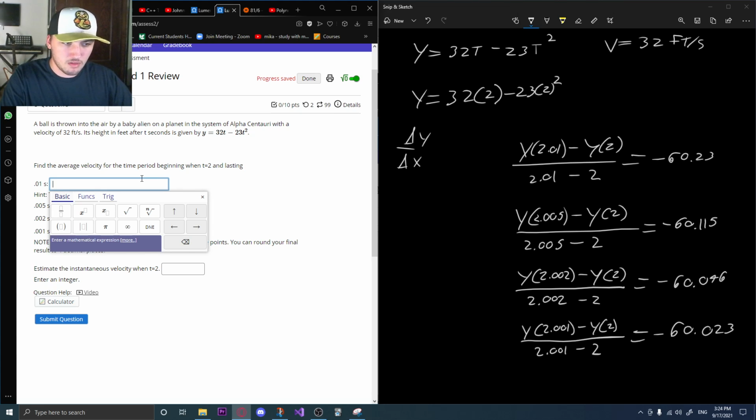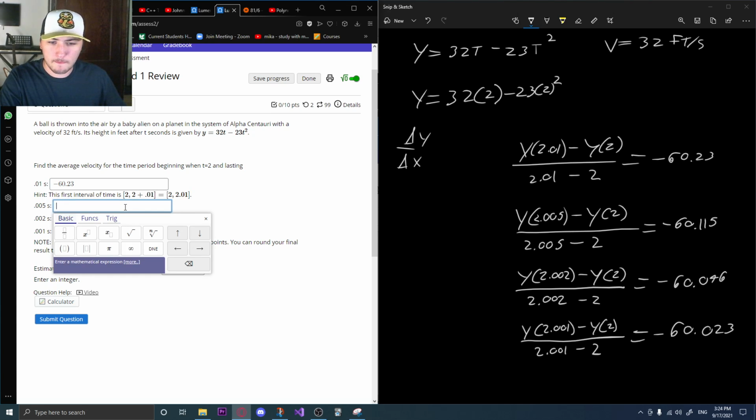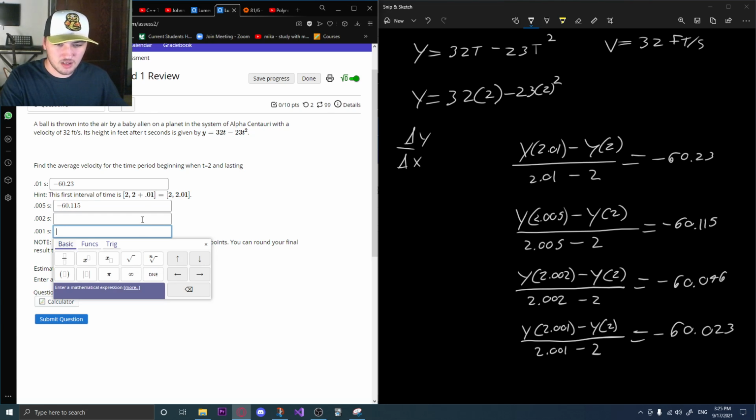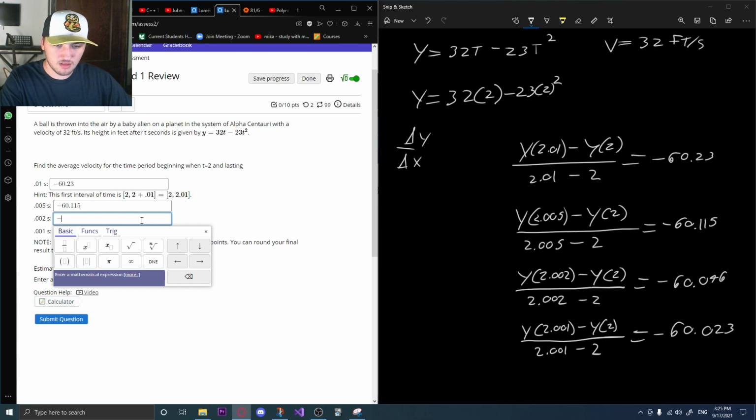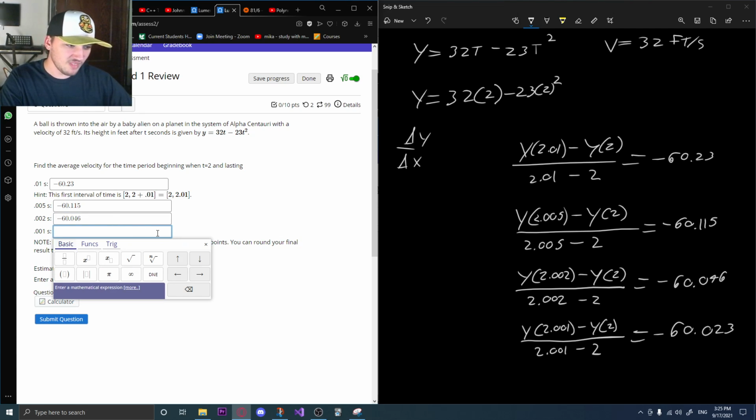So for 0.01, it's going to be 60.23. It doesn't say to round to any place. I guess if I'm close enough, it's just gonna be okay.